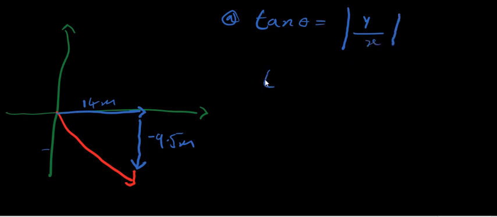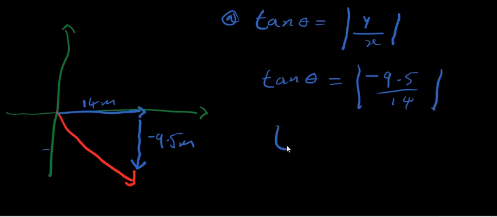So tan theta is equal to 9.5 over 14, taking the absolute values.